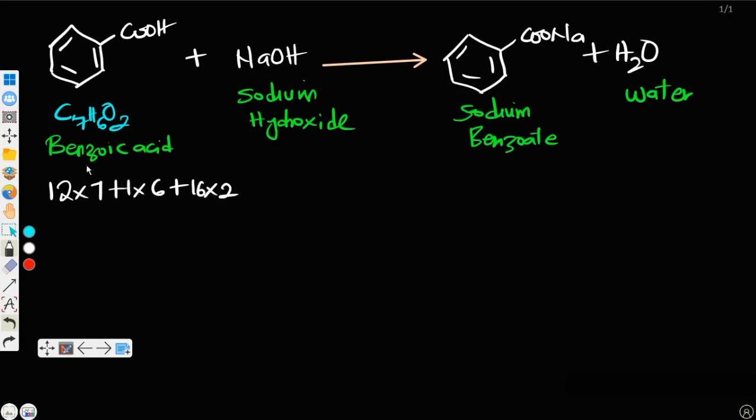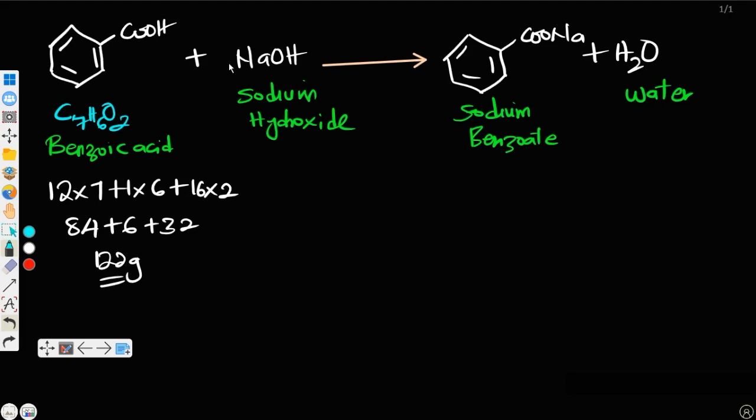That will give us the molecular weight of benzoic acid. 12 times 7 is 84, plus 1 times 6 is 6, plus 16 times 2 is 32. 84 plus 6 will give us 90. 90 plus 32 will give us what? 122 gram. So the mass of benzoic acid is 122 gram.